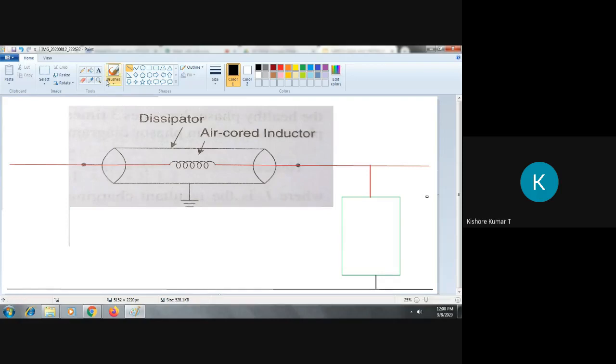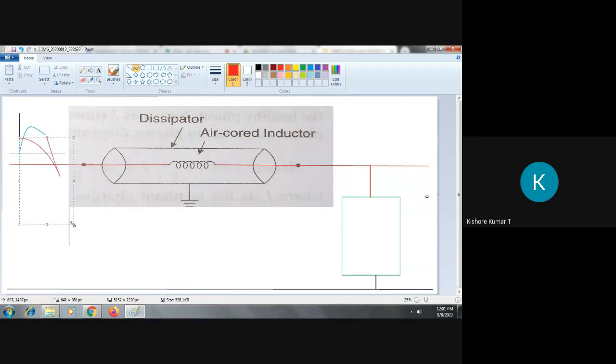Now, due to rise in potential, whenever there is a rise in potential, what happens? So this is the value of surge which is developed in the line, whereas the normal withstandable value of voltage is restricted to this red line.